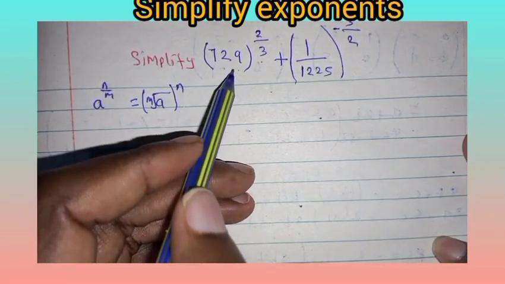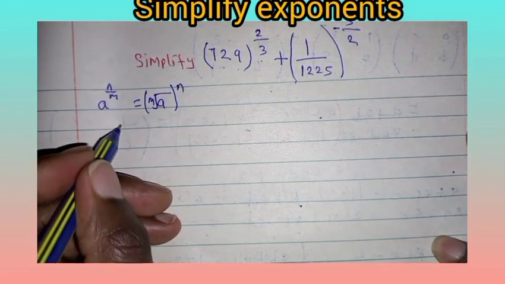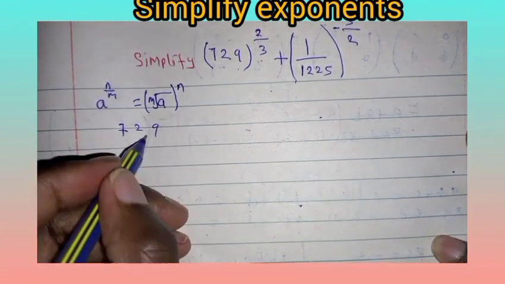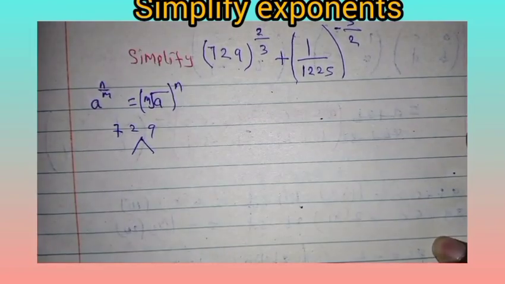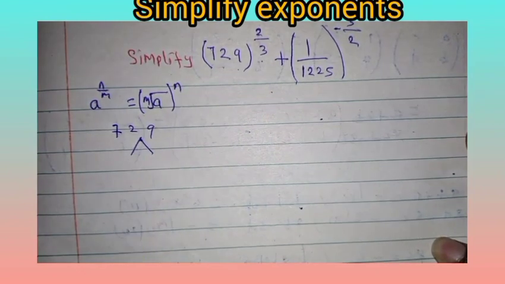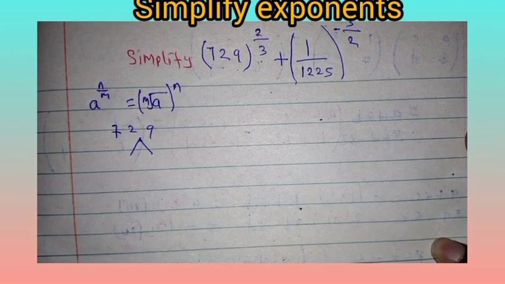How do we get the cube root? The first thing we are going to do is express 729 into its prime factors. Because we want to get the cube root, we express 729 in terms of prime factors, then we get the cube root.